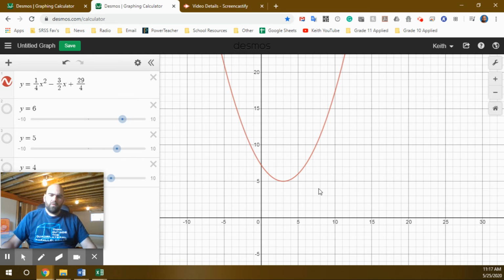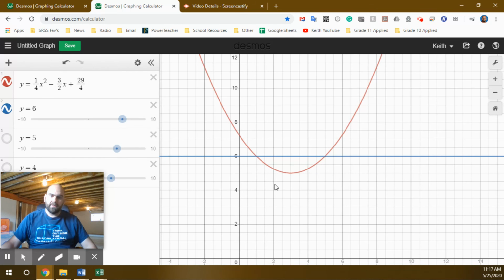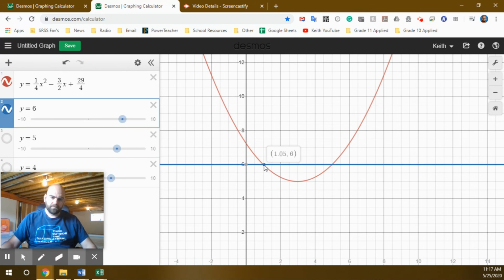If we're trying to find our x values, so if we're trying to figure out when y equals 6, what is the value of x? We can plug that into an equation right here. So I say y equals 6, and when I click on here, it pops up as the blue line. I'm just going to zoom in a little bit so we can see it better. You'll notice that this blue line crosses over the parabola at 2 spots.